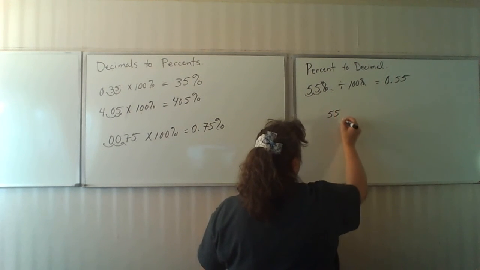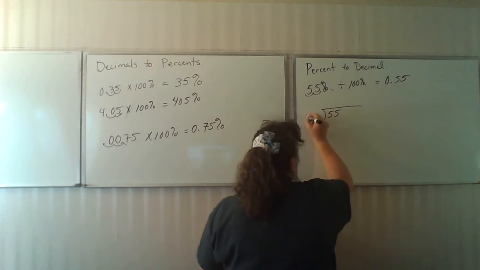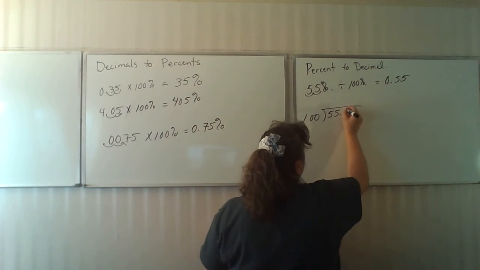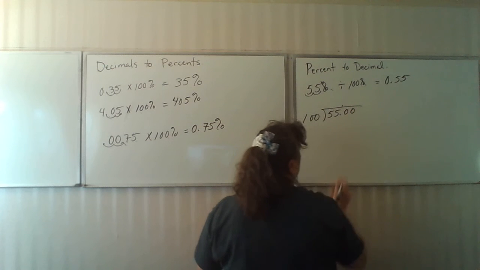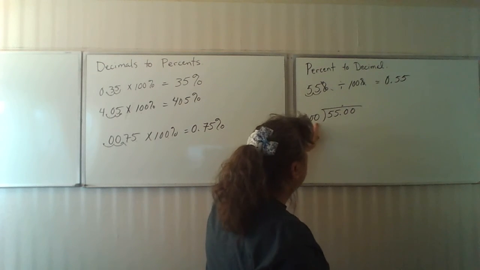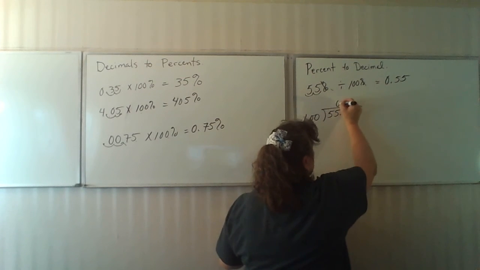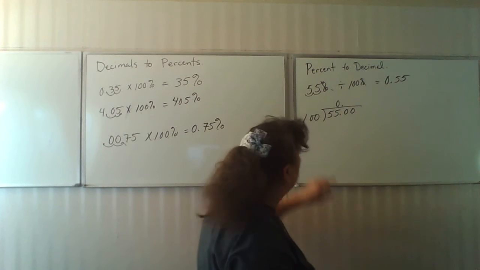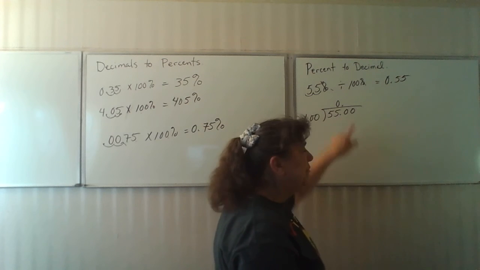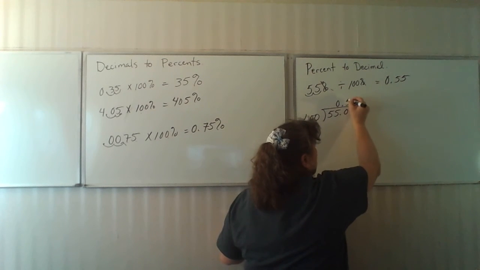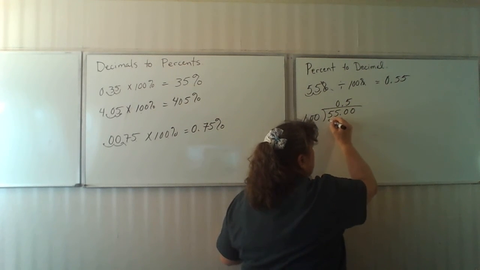Let's actually do that division. 55 divided by 100. Okay, let's look. 100 will not go into 5. It will not go into 55, so I'm going to put my 0 to hold my place. 100 goes into 550 5 times. 5 times 100 is 500.